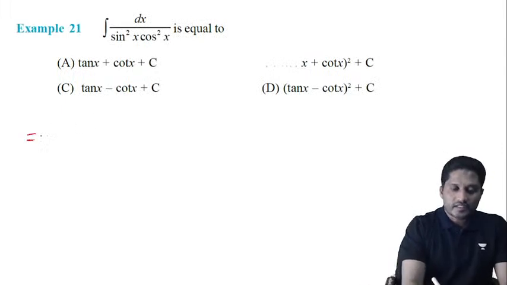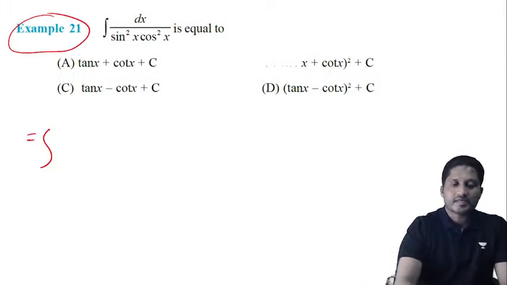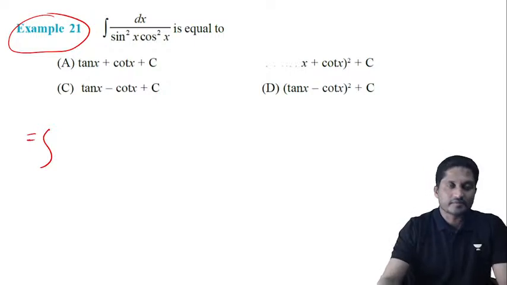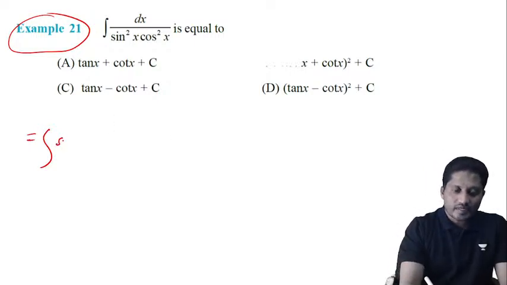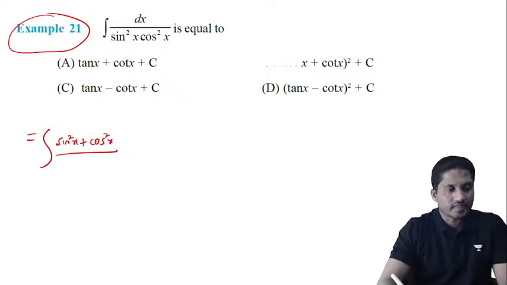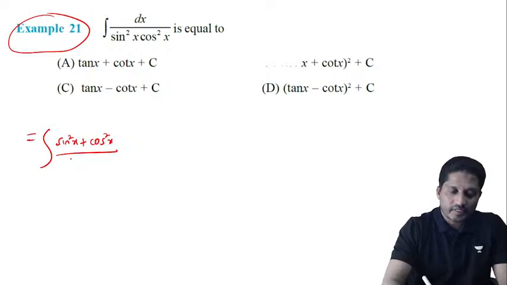See, I've quoted the same example number 21 from the exemplar. Numerator can be written as sine square plus cos square, whole divided by, in the denominator, sine square x into cos square x, and then dx.